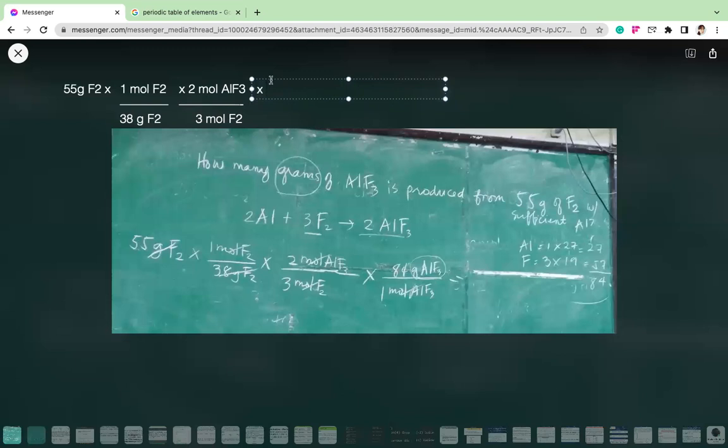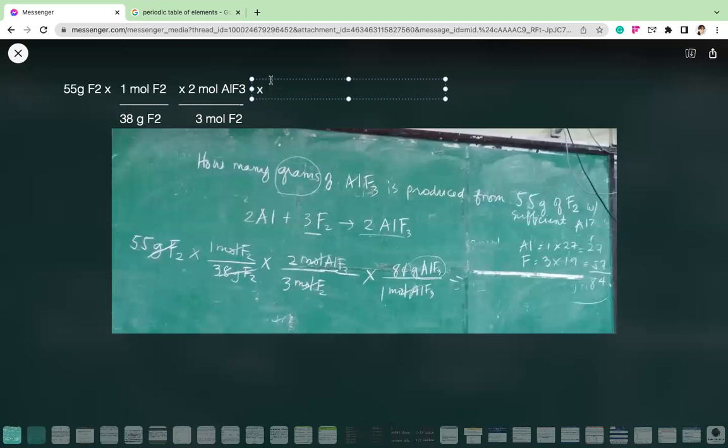Paano hanapin molar mass ng aluminum fluoride? I-add yung mass ng aluminum and fluorine. Very good. Tama. So, anong mass ng fluorine? Fluorine is 19. 19 times 3.